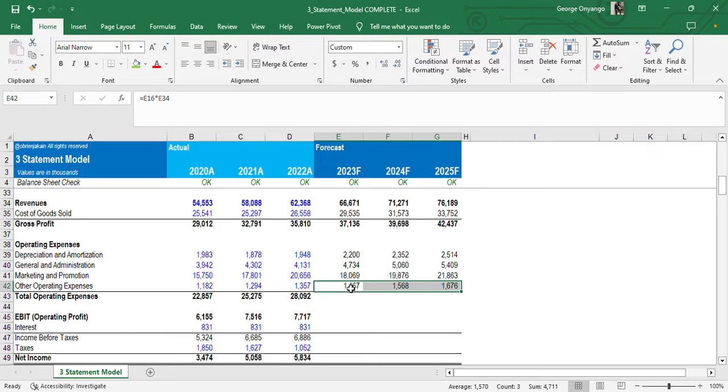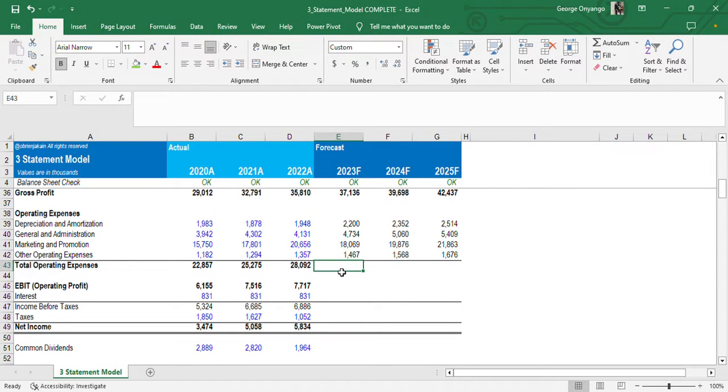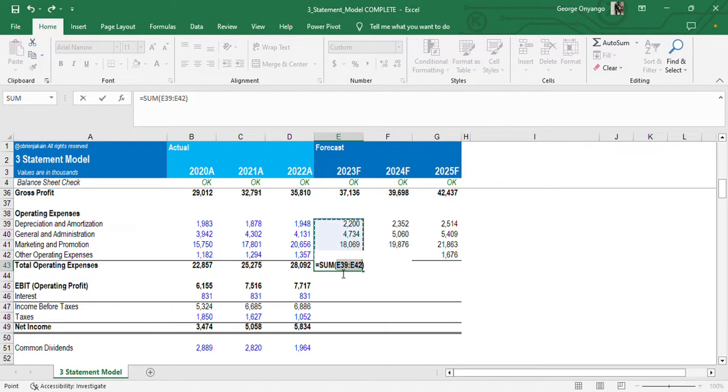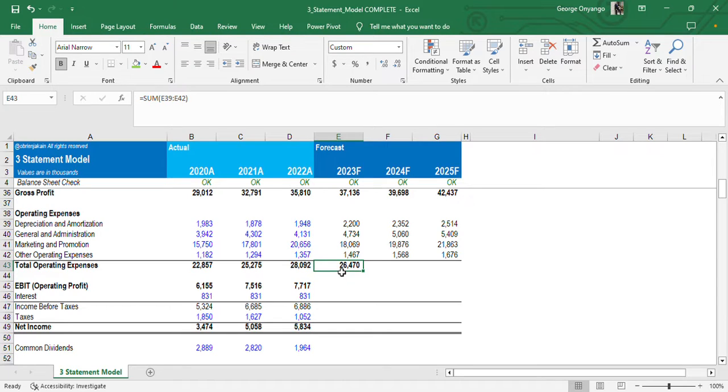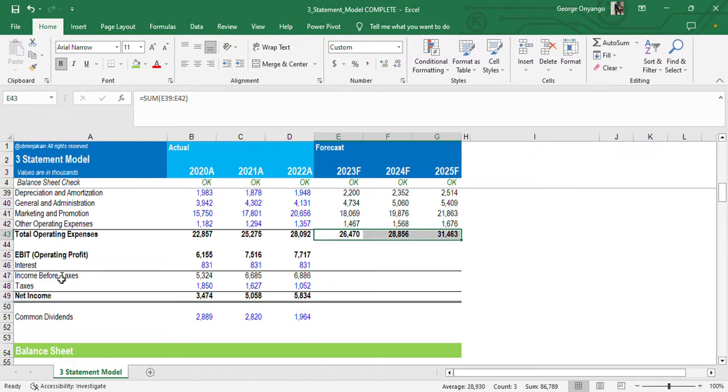Fill that right. To get the total operating expenses, we're going to use a shortcut of Alt equal and that gives us that. We fill that right, and we are going to have the projection for the total operating expenses for the next 3 years.